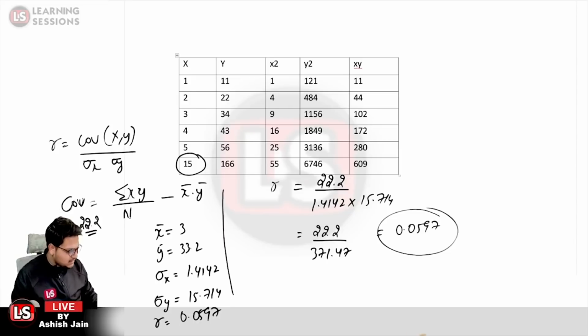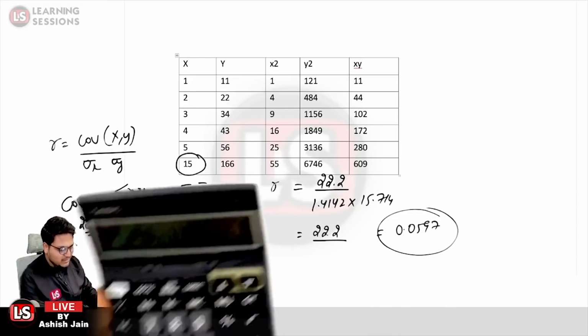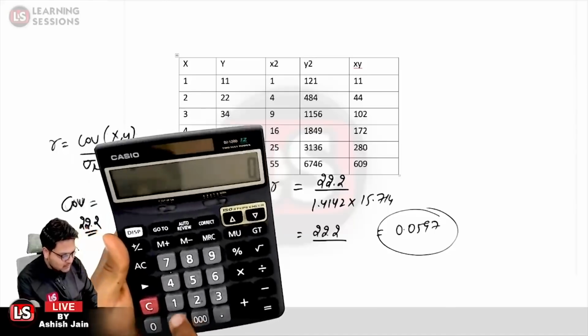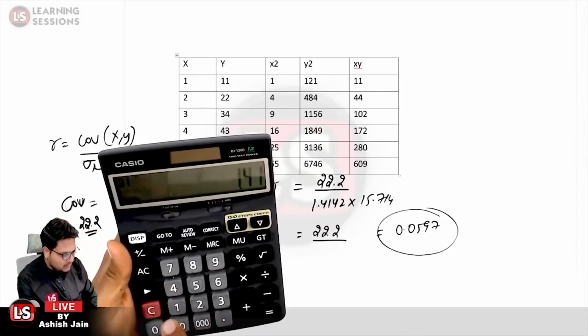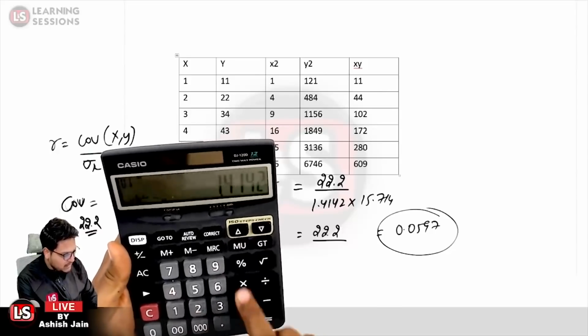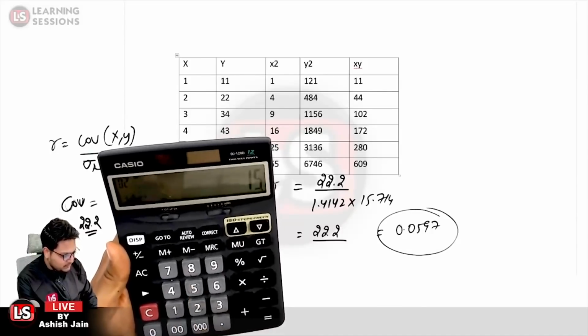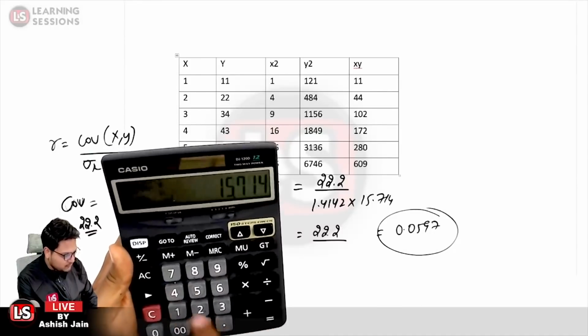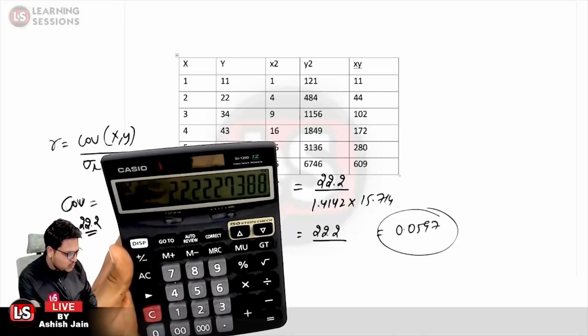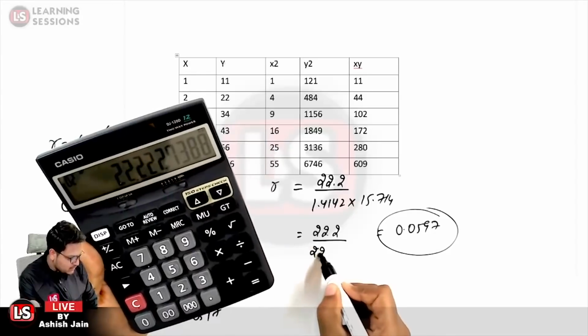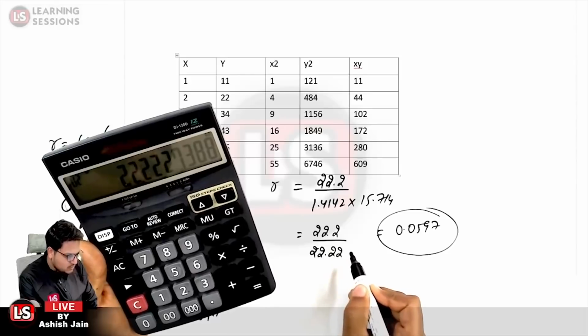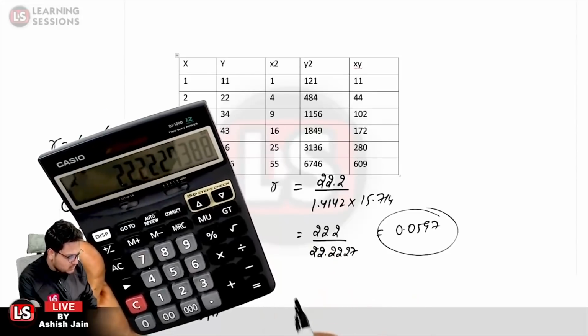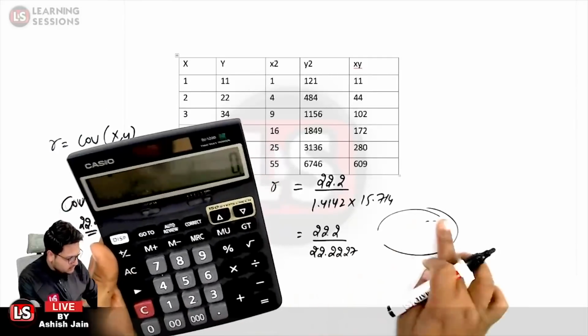I think again I just made a wrong calculation over here because I just cross-checked it on my end. So it was 1.4142 multiplied by 15.714. That comes out to be 22.2227. I'm just writing it down, 22.2227, and that will be calculating.